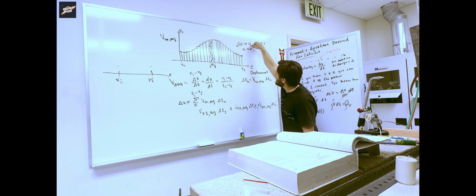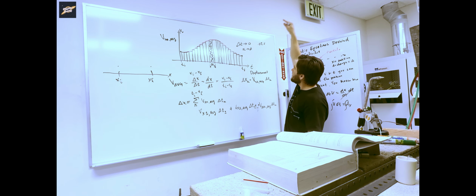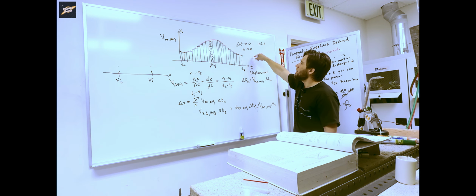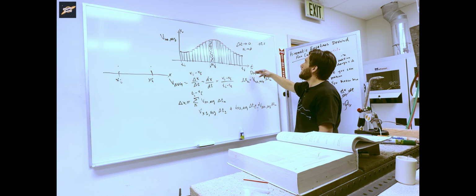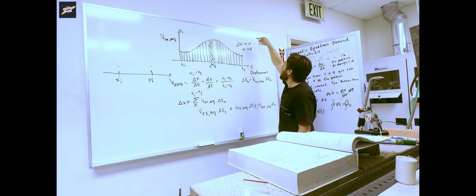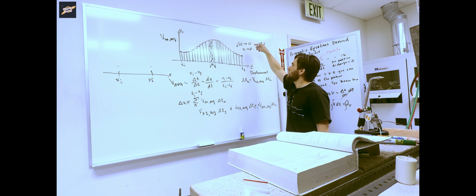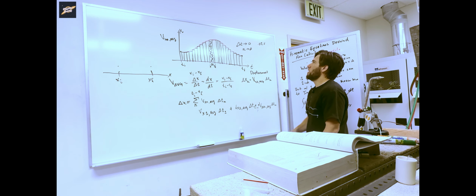And because we're making this infinitesimally small, we need n to be infinite. We need an infinite amount of these delta t's to add up this area.